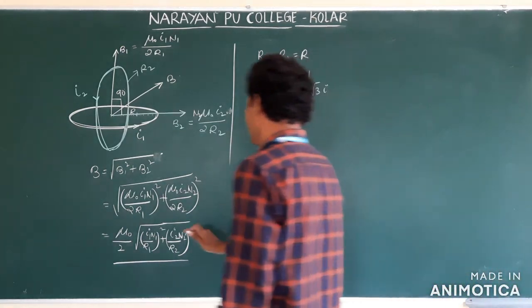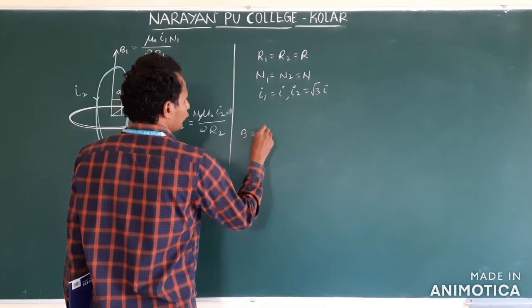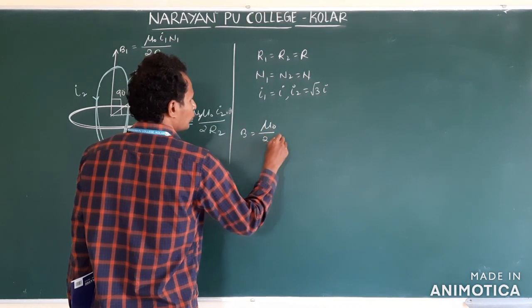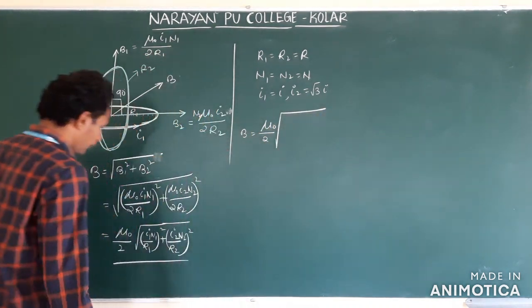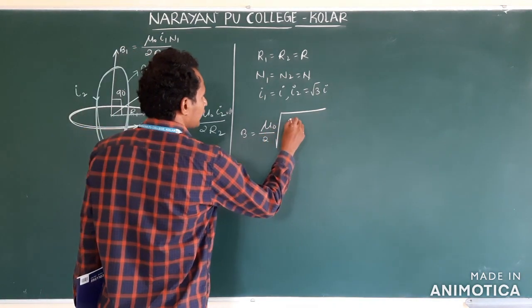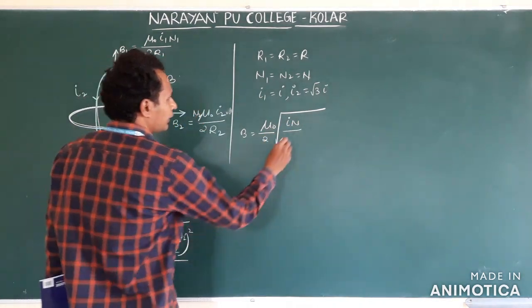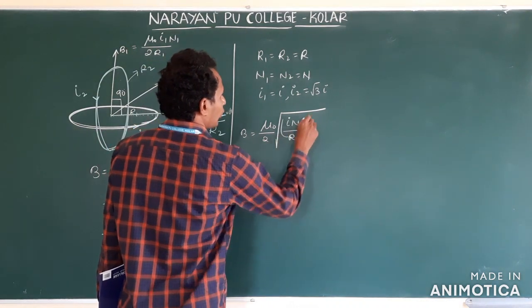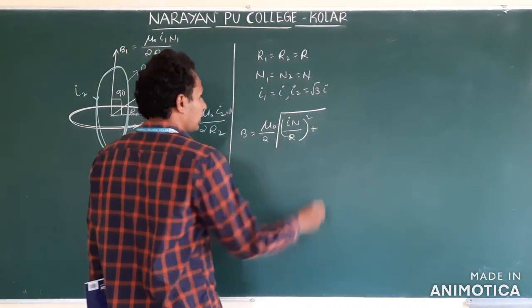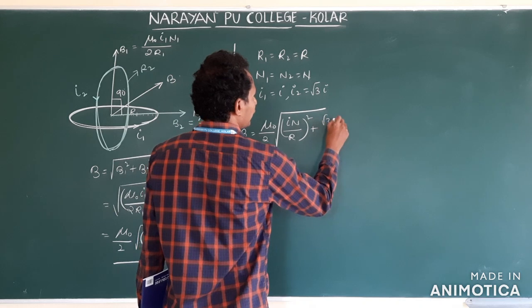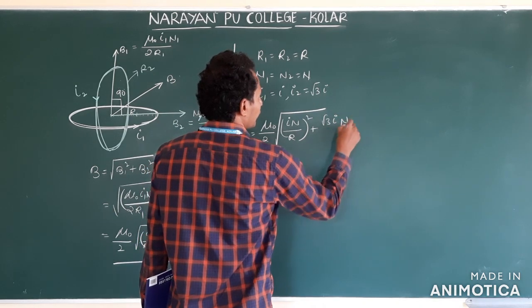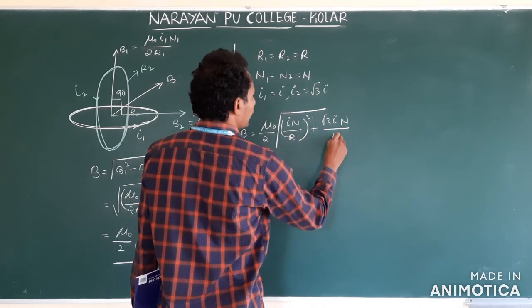Substitute all this in this. Then B is equal to mu naught by 2 under root, I1 is I, N by radius same R, whole square, plus I2 is root 3 I, N by R2 is R, whole square.